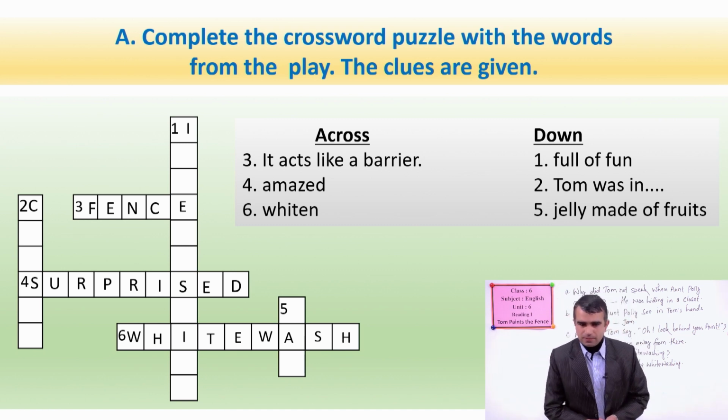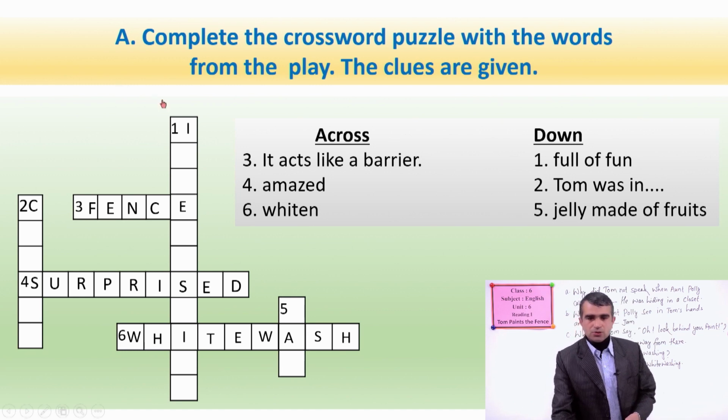Now down. Down means you should start from here, okay, up and come below it. Supply the words from here. Now number one is here. You can see that is full of fun. Number one, full of fun. What is the word in the passage, in the drama, that means full of fun, that begins with I?